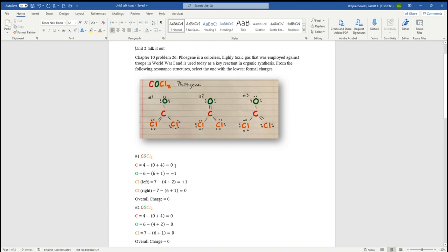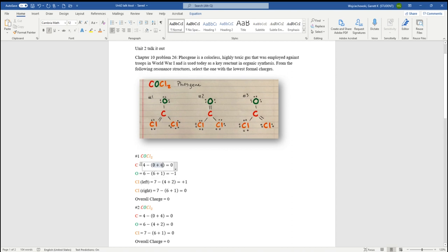So let's start with carbon. Carbon on the periodic table has 4 valence electrons, and we subtract that, and then in parentheses we look at this first structure and we see that there are 0 non-bonding electrons around this element. So we put a 0 right here. Then we add that to the amount of bonding electrons. We see 4 lines right here, and each line represents 2 electrons.